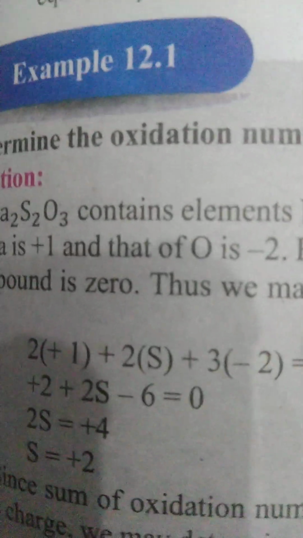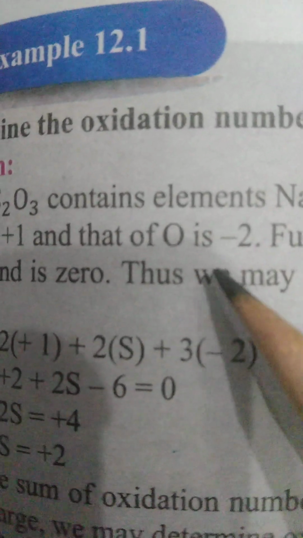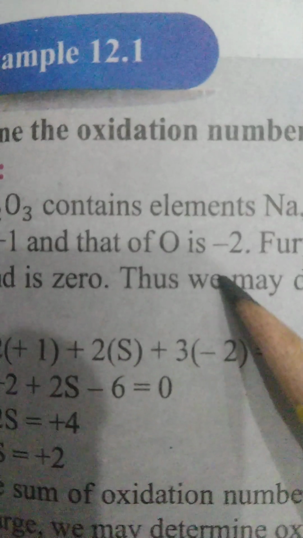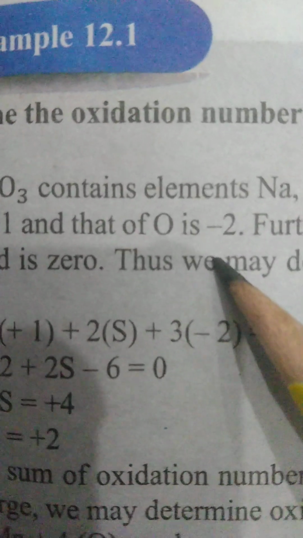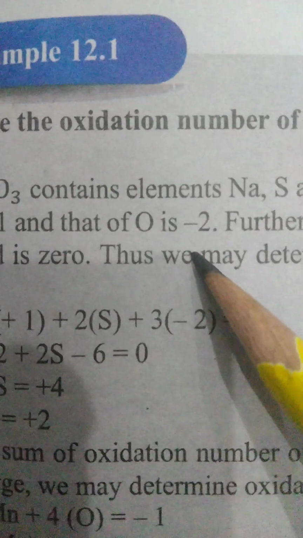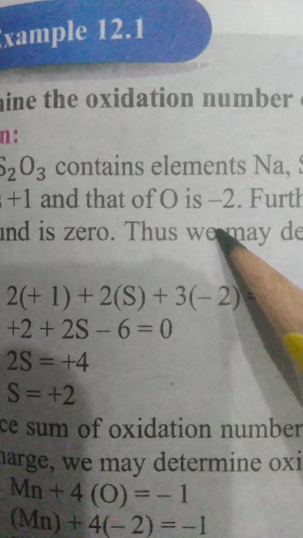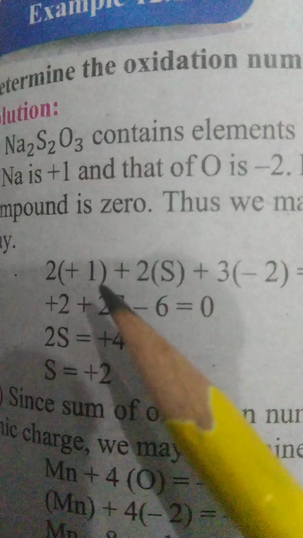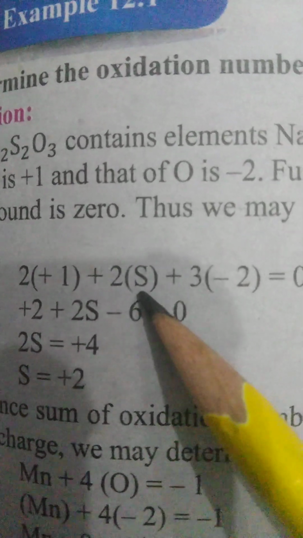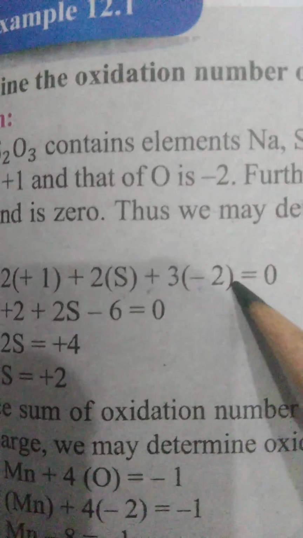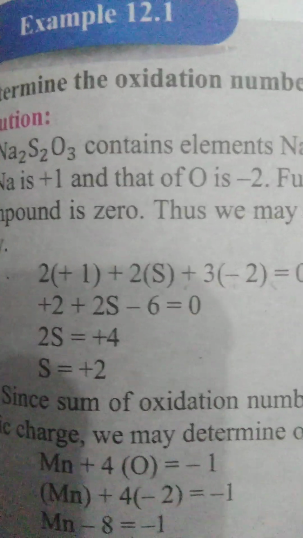We know that here oxygen is -2. Why? Because oxygen is not seen as a peroxide, neither as a superoxide, so we assign it as -2. Sodium is +1 and sulfur is S, so 2(+1) + 2S + 3(-2) = 0.